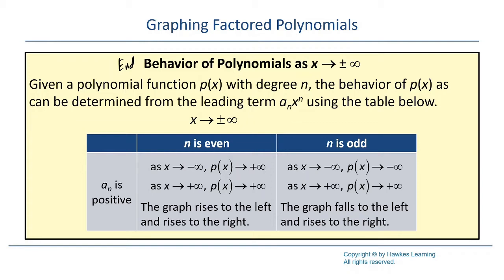Now, let's say you were to encounter this function. Let's write it this way: f of x equals x squared plus x cubed. Now you have two different terms.